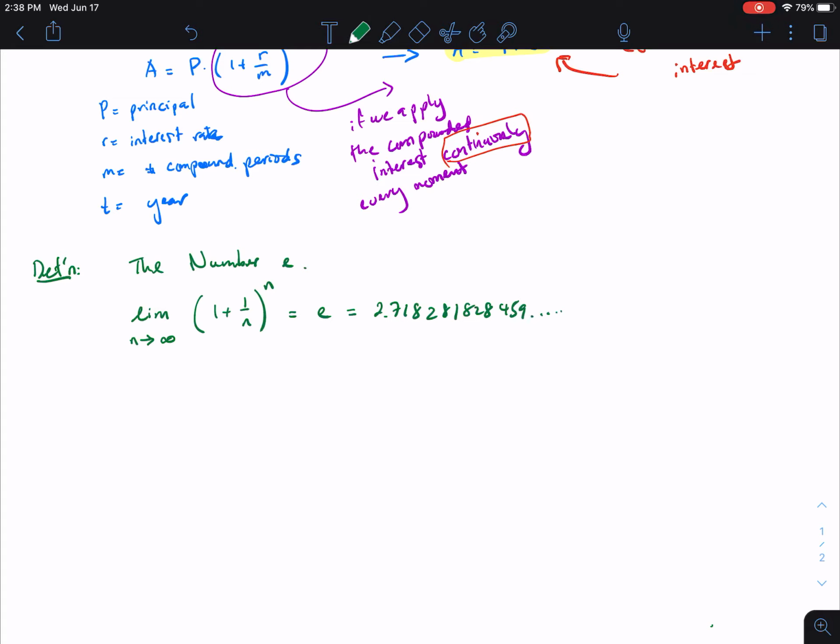So this number e is kind of like pi. It's an irrational number, a non-terminating, non-repeating decimal.